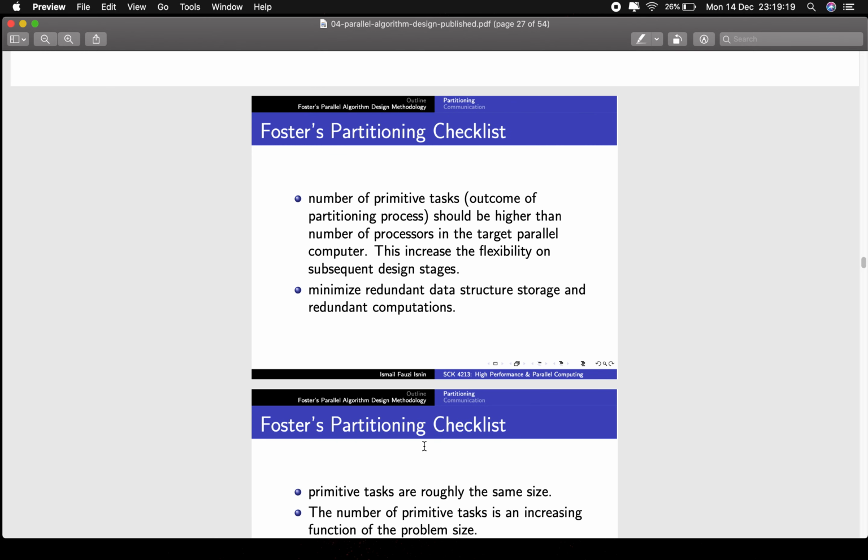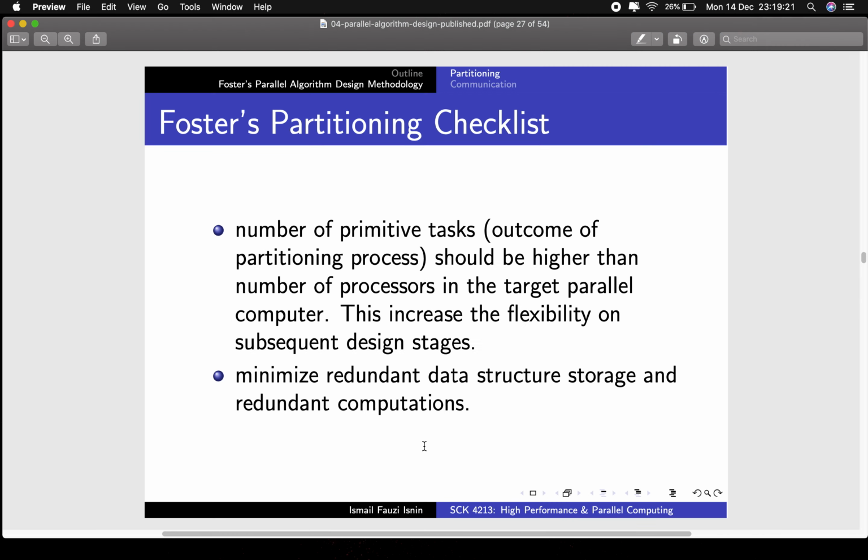Next, you are still under the partitioning algorithm, but here let's do the checklist, which is still under partitioning, and we have not yet touched the communication part, which is the second step. This is still under the first method, partitioning.